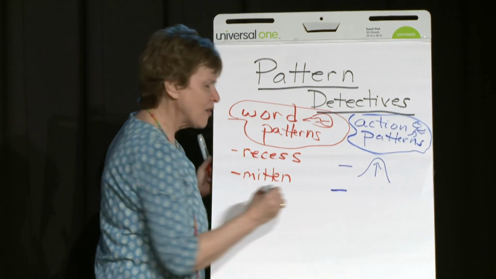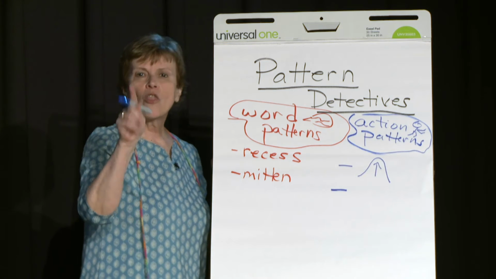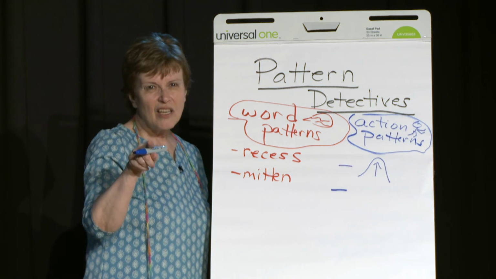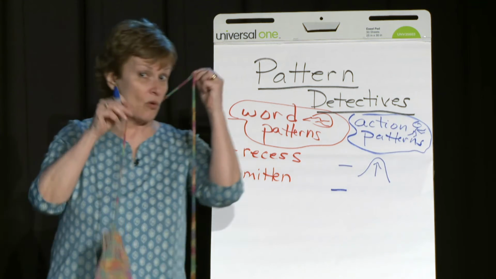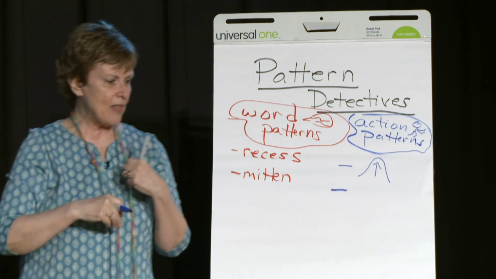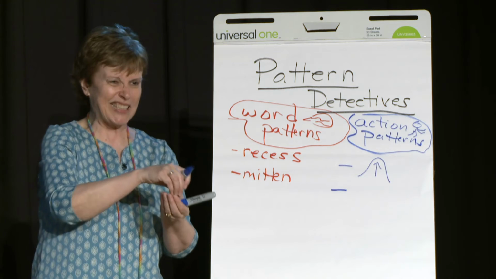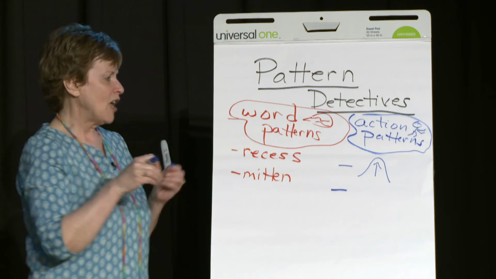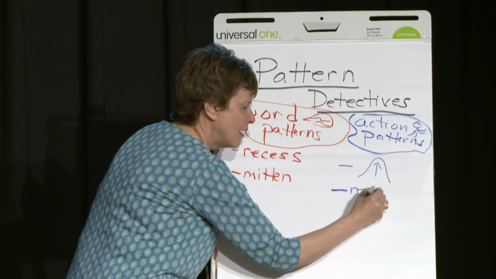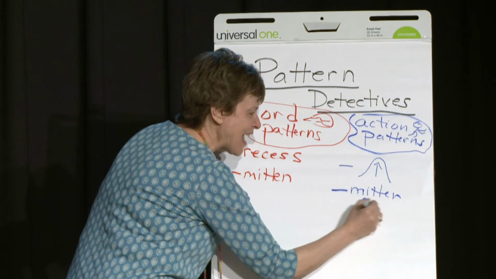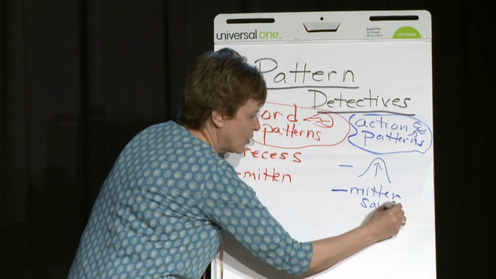Another action pattern, those parents were sneaky. They didn't want Molly to lose her mittens. They gave her some crochet chain. They gave her some duct tape. So it was the mitten saving tricks.